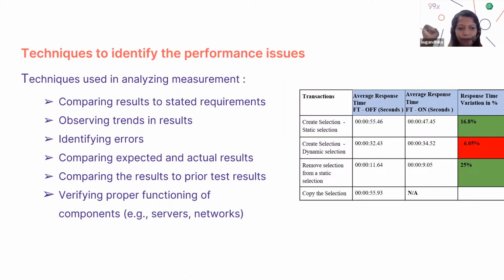There's also another method: if you are continuously executing tests, you can compare the test results before the change and after the change, and see how much the performance has deviated. Here is a sample for that.